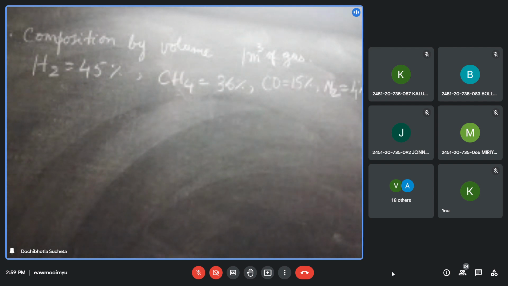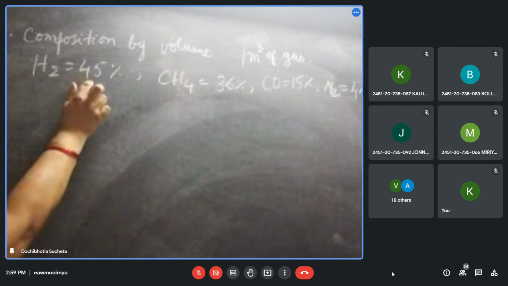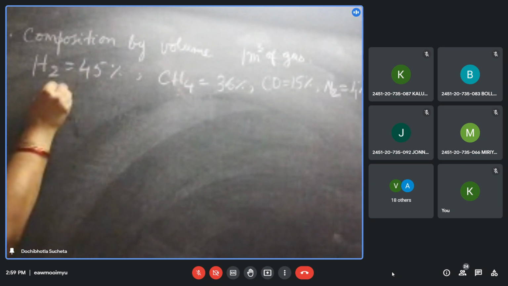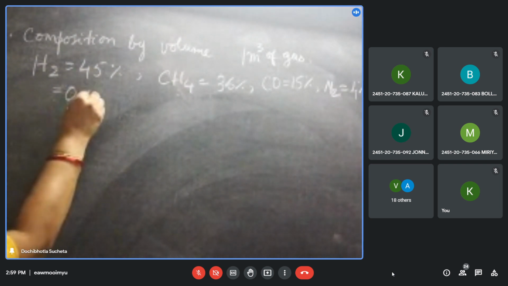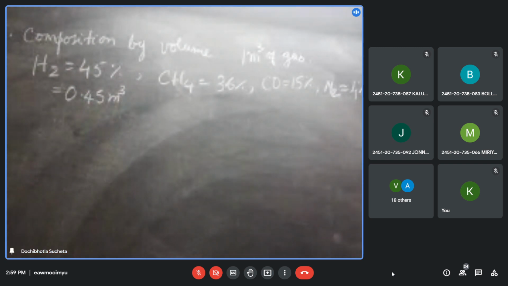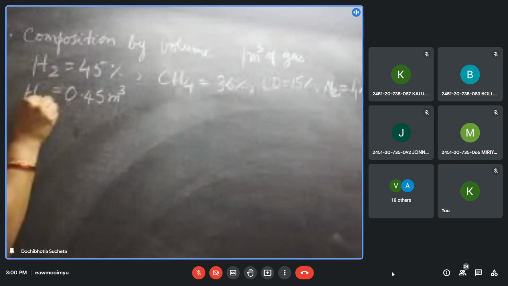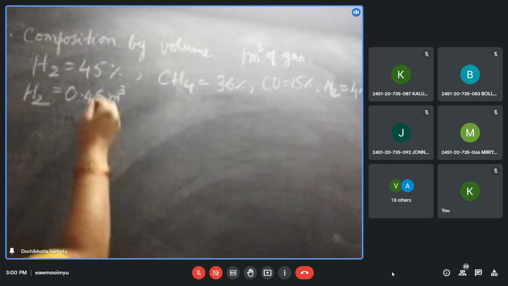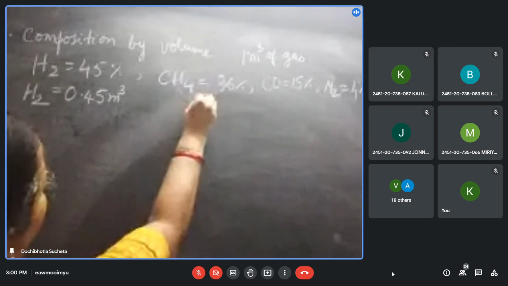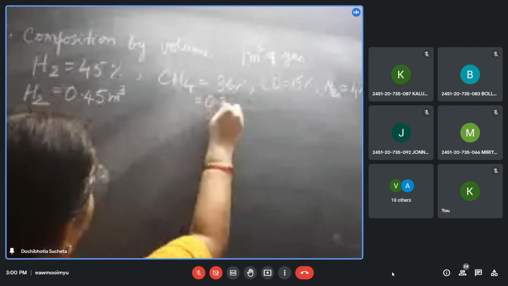Now to solve this numerical, again we have to get the volumes. So volume of H2 will be how much? 45% means 0.45 meter cube. Volume of methane will be 0.36 meter cube.